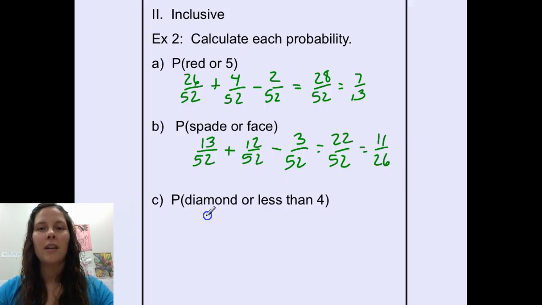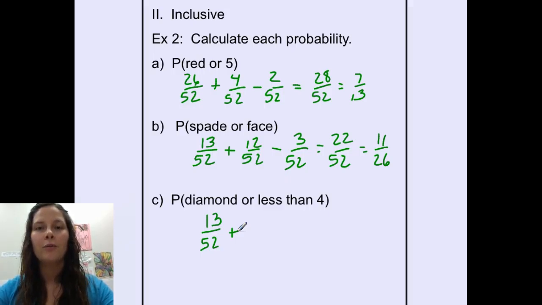Next example, can we get a card that is both a diamond and less than 4? Yes, so this is inclusive, so we will subtract off the probability that they can both happen. There are 13 diamonds, 13 cards in each suit. The numbers that are less than 4 are 2 and 3. There is not a number 1 in the deck, and an ace is not a number. Depending on the game, ace can be high or low, so we will not count that in our probability.